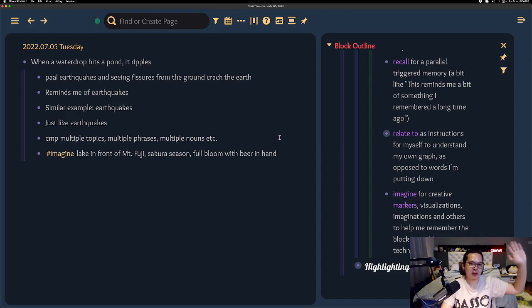So that's completely nothing to do with my note-taking app or principles, etc. But it's a function for me. I want to remember this block.